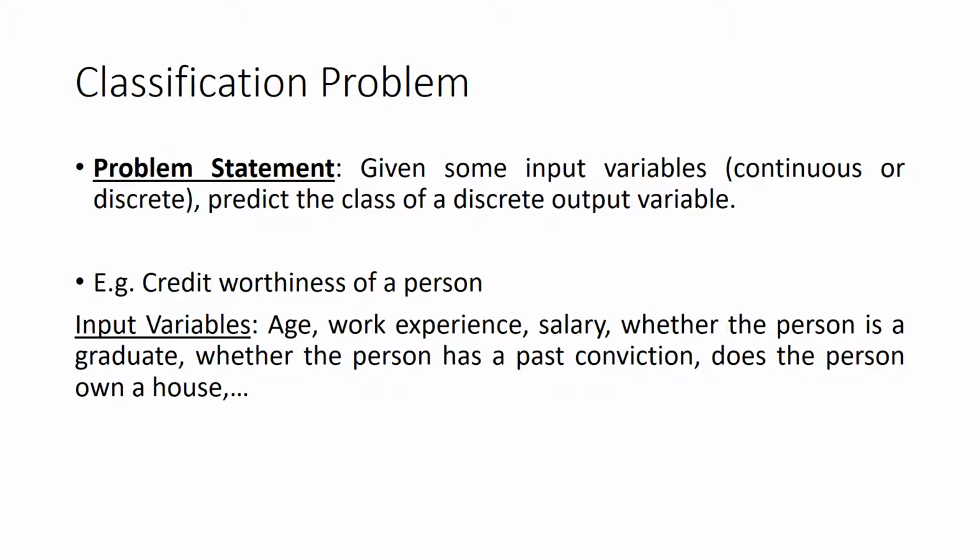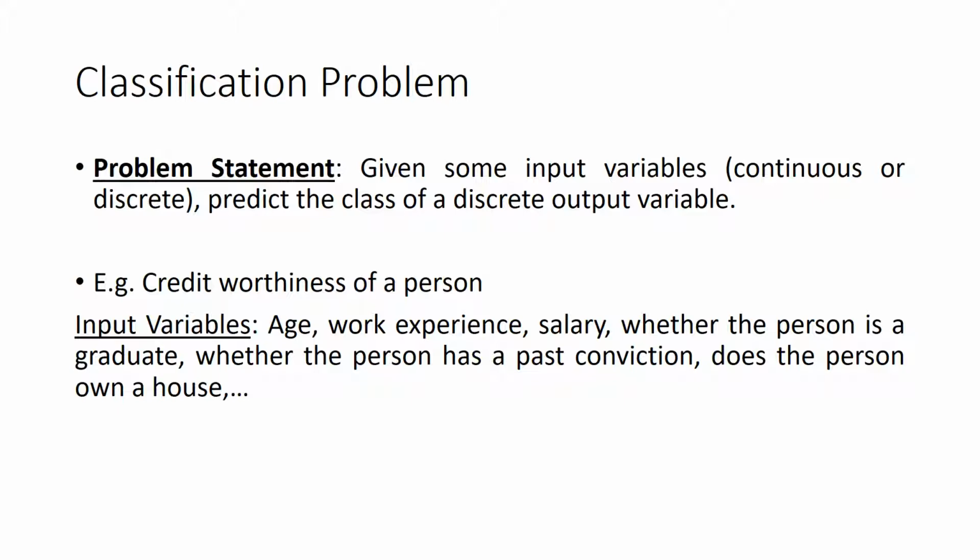The input variables could be things like age, work experience, salary, whether the person is a graduate, whether the person has a past conviction, whether they have run-ins with the law, does the person own a house, etc. These are very simple factual questions, the answers to which could be easily ascertained. Basically all you need to do is some background check to understand each of these variables.